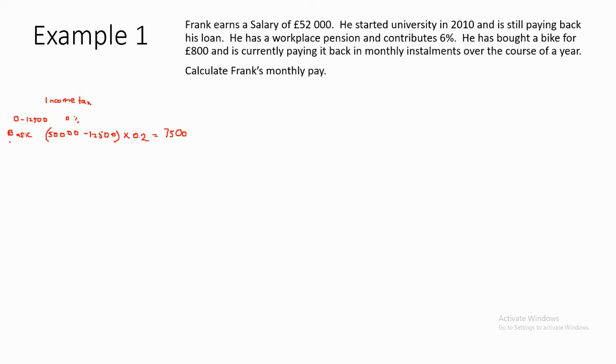So the higher rate is above 50,000. So 52,000 is 2,000 more. So rather than put it into this subtraction, I'm just going to do 2,000 left over, pays 40% on. £800.